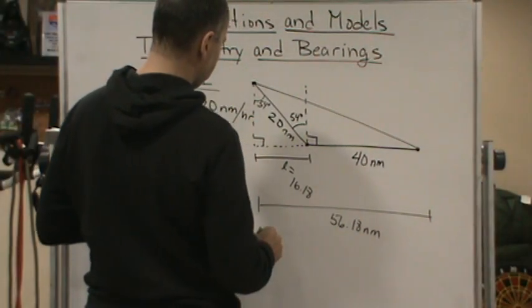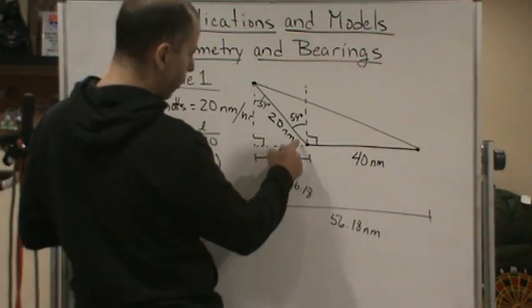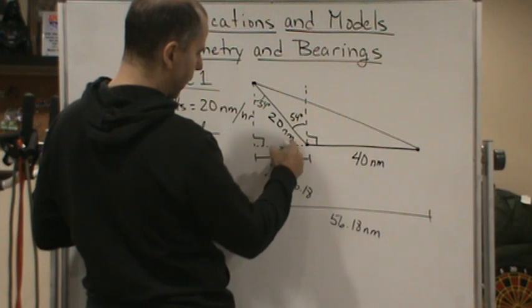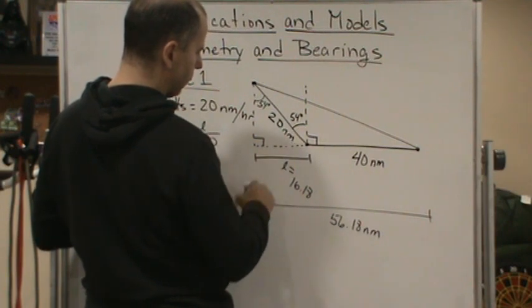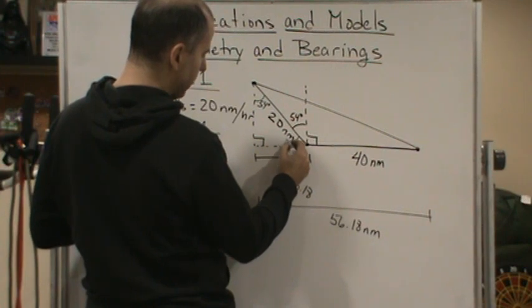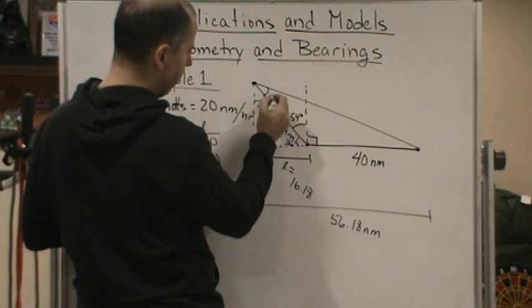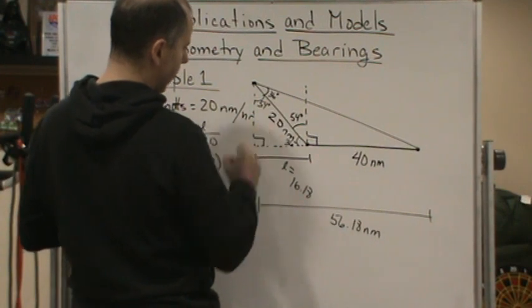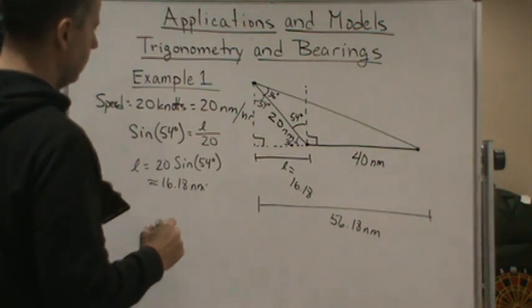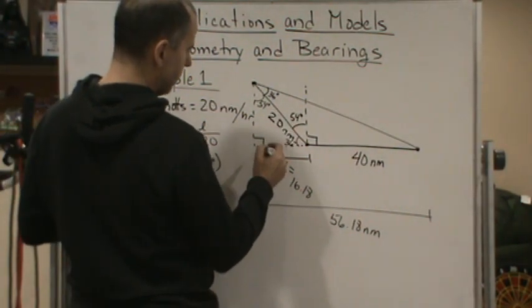Now, we know this angle here has to be complementary, right? Because it has to form a right triangle. So this angle here has to be 36 degrees, which means this angle here has to be 36 degrees, which means what?